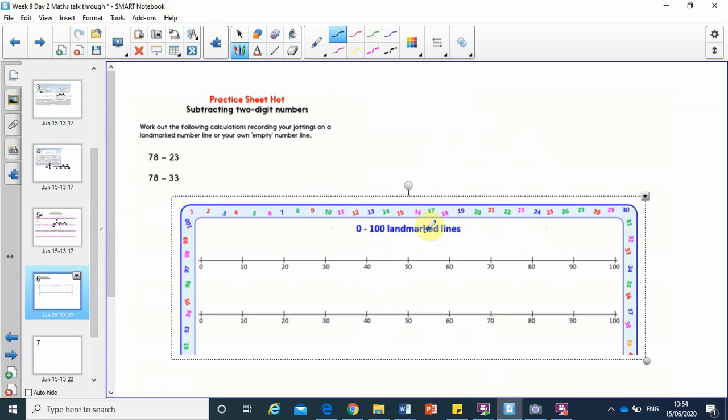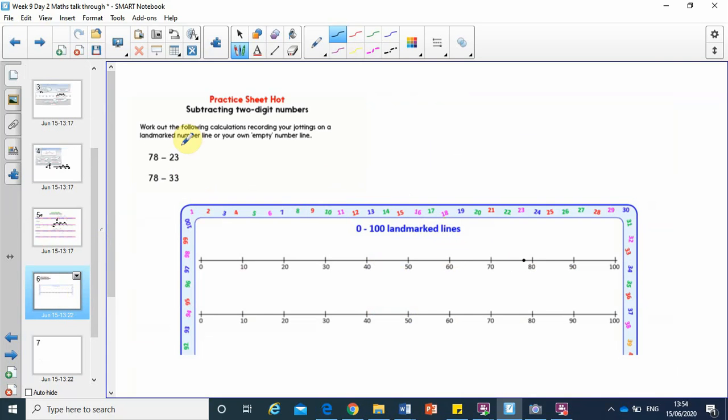The same examples could be used without all of the beads, just on a normal line, where you would know 78 is there. We know on this one we're partitioning to 20 and 3, so it would be 10, 20, 1, 2, 3.